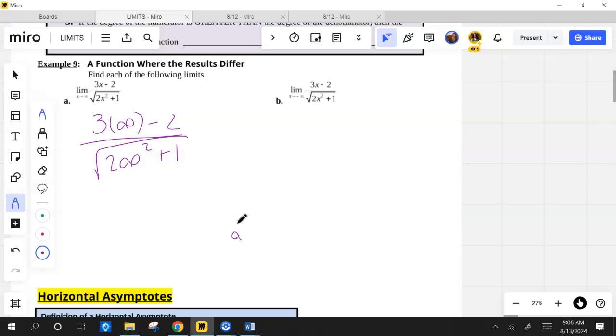All that addition and subtraction is useless. Remember your properties of radicals? I can split that up, right? So what happens here when I do the square root of something squared? It cancels. So now that's okay.